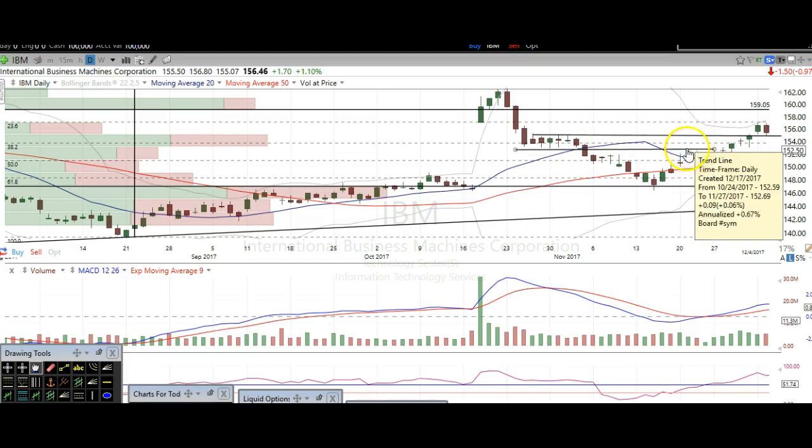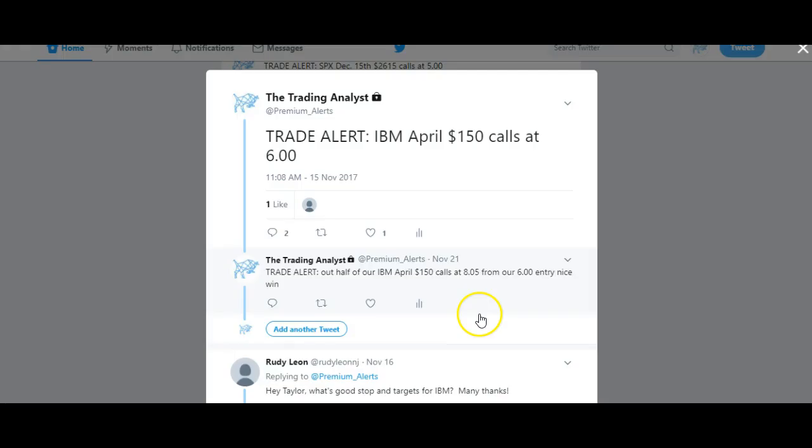So we exited half of the position, and I'm going to show you that alert right now. So here's our exit for half of the position. When we sell half, that means we have half of the position remaining because we want to get even more gains until it reaches our second target.